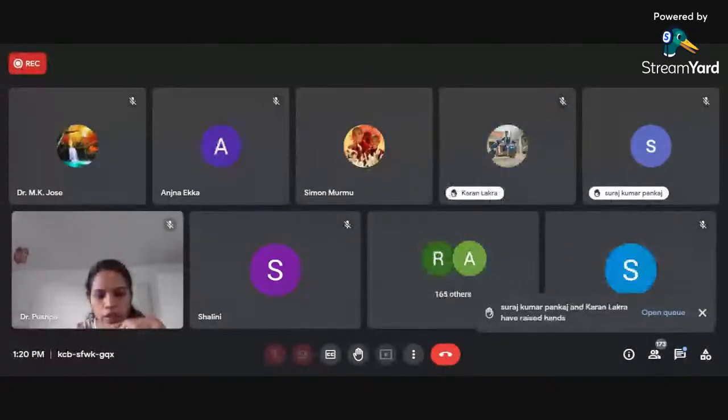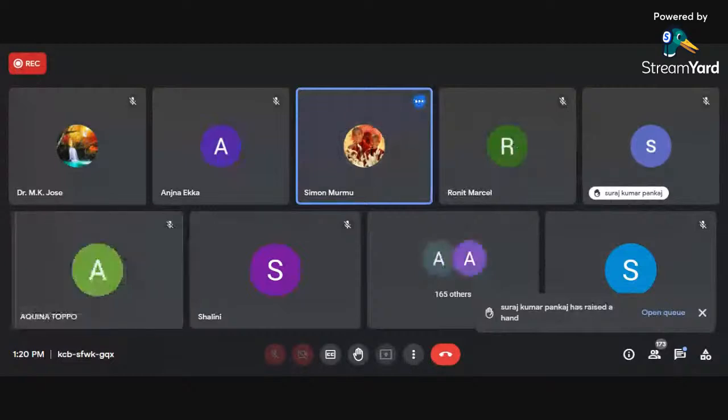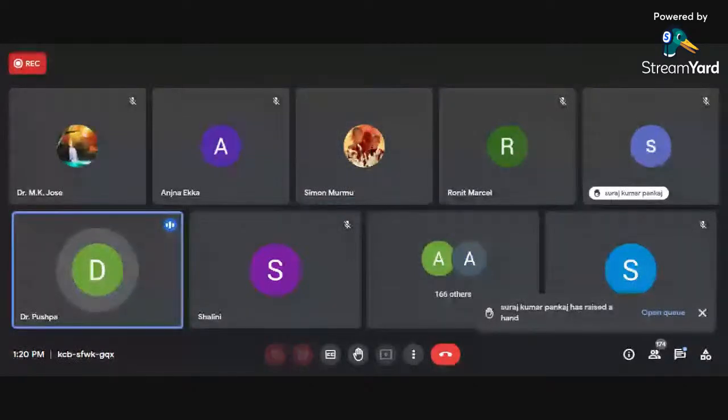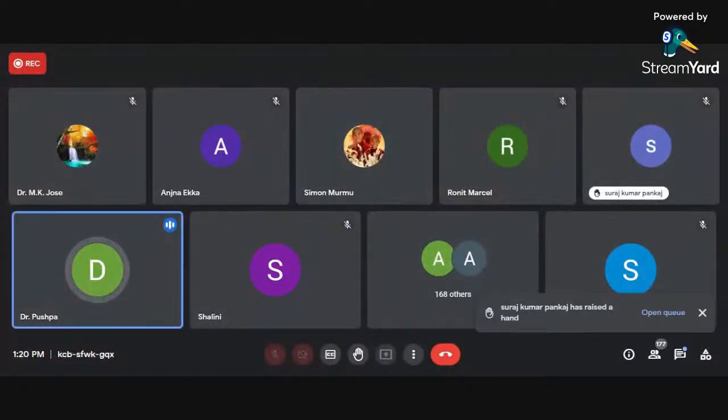It says that my screen cannot be shared. I think there is some setting that has to be revoked for me to share the screen. Maybe you can press the present option. Okay, I'll try reconnecting.